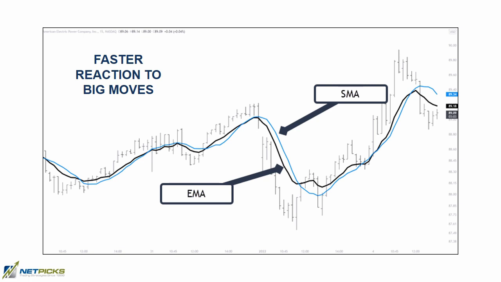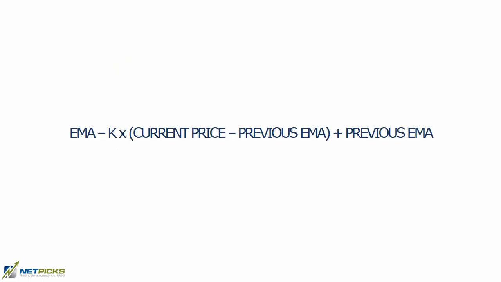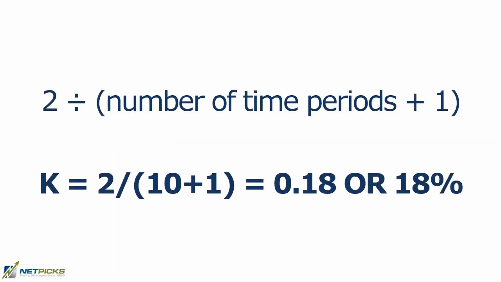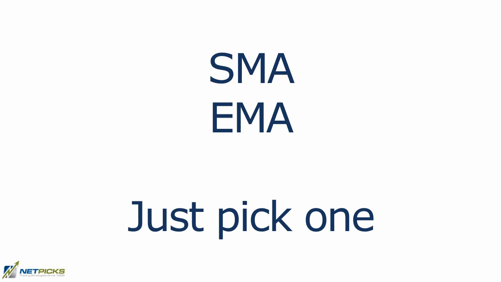Here's the formula for an EMA, and that's not all of it. You still need to figure out what K is, and that has its own calculation. So if I was using a 10-period EMA, as you saw in the chart, the calculation would look like this. All that means is that a 10-period EMA would weight the most recent price by 18% more, giving it a faster reaction time. That's it.